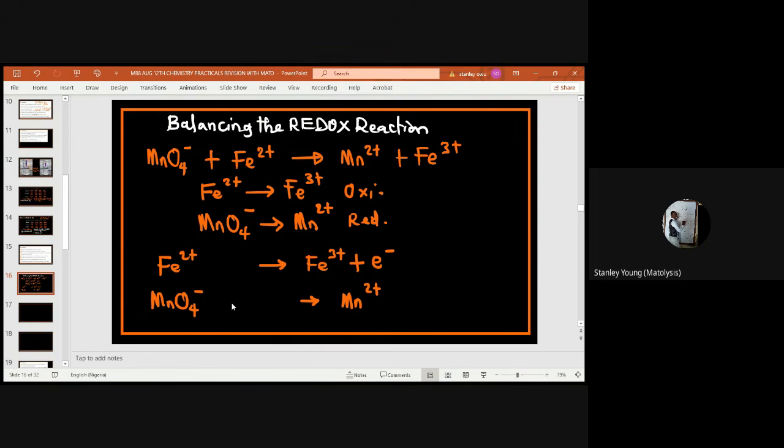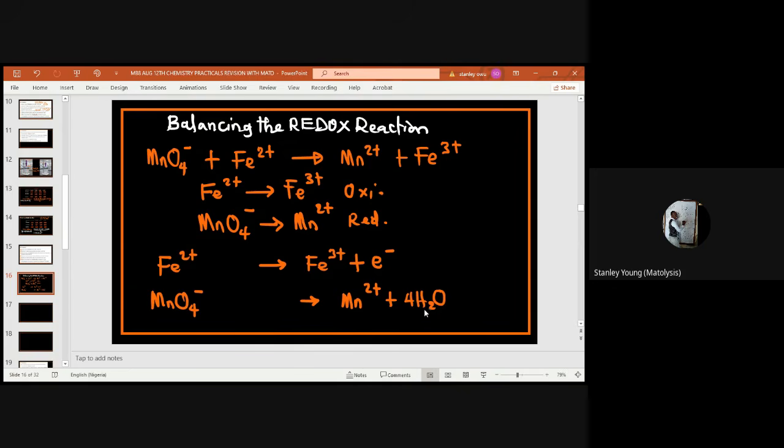Then balance oxygen. How do you balance oxygen? You do that by adding water molecules to the side that is deficient of oxygen. My right hand side does not have enough oxygen to balance the one on the left hand. Oxygen on the left hand 4, on the right hand none. So add 4 water molecules to the right hand side.